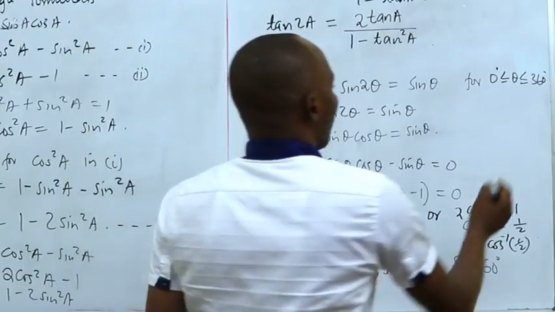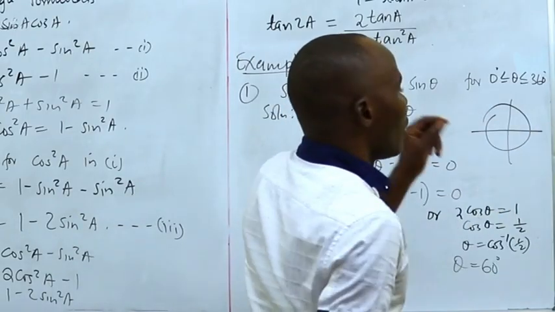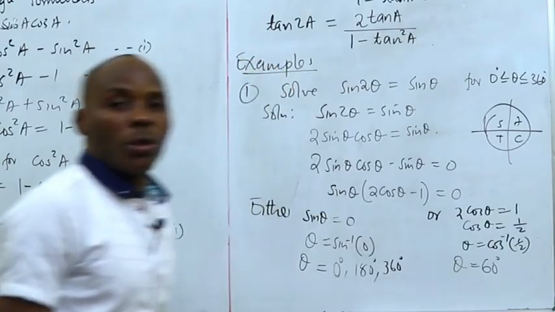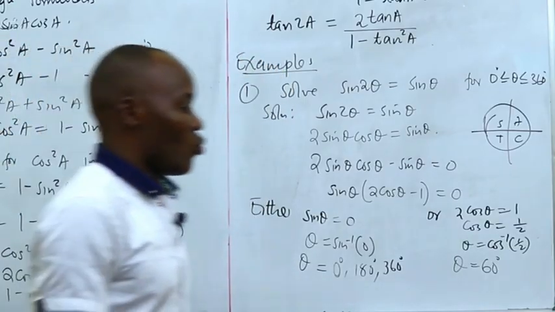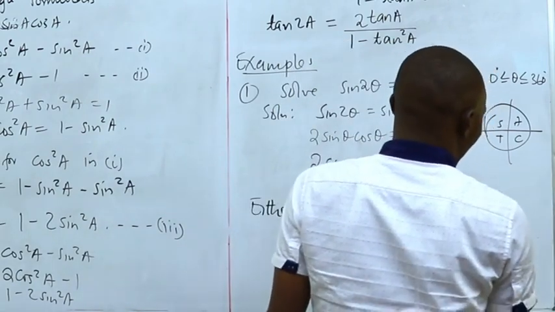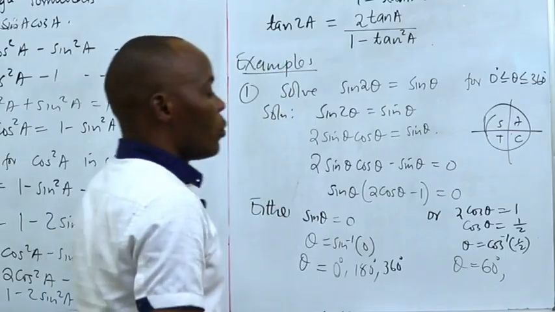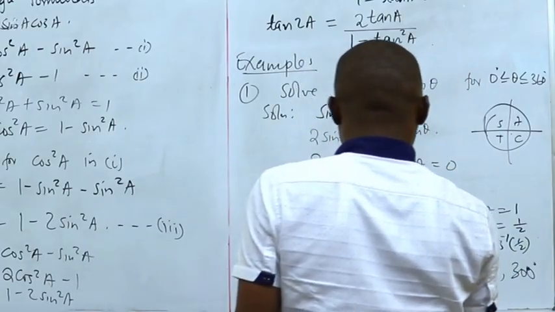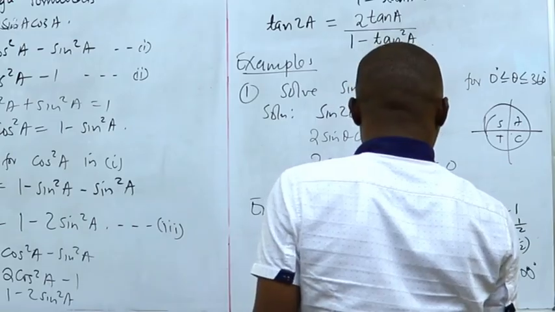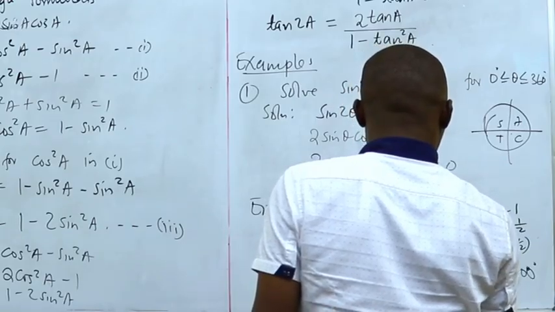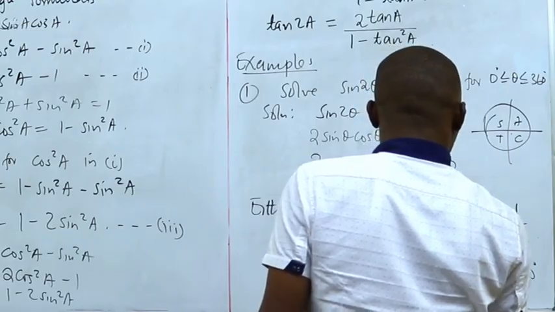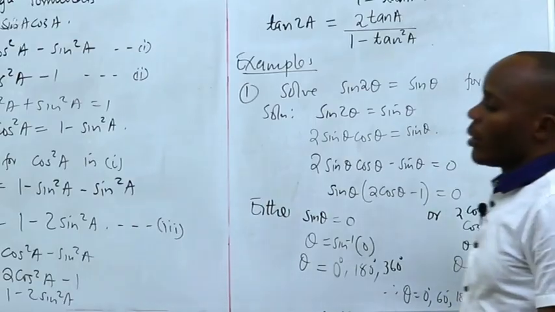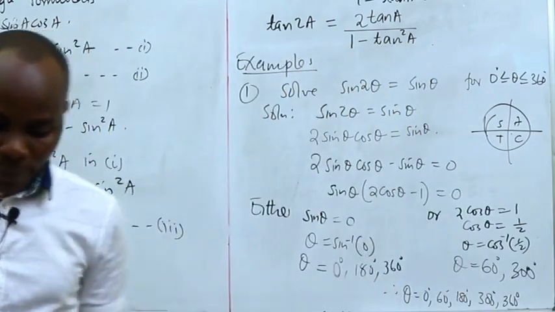Remember, a half is positive, and cos is positive in the first and fourth quadrant. In the fourth quadrant, it will be 360 minus 60, giving you 300 degrees. So therefore, theta is 0 degrees, 60 degrees, 180 degrees, 300 degrees, and 360 degrees.